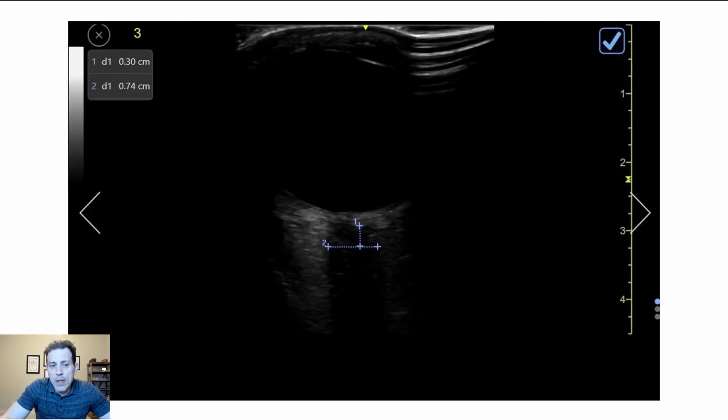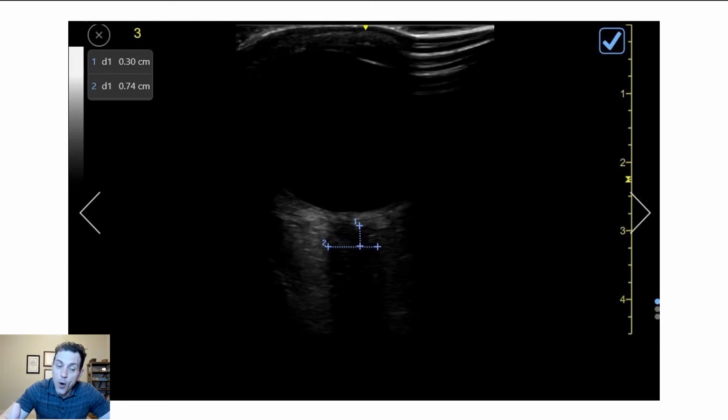This is really an example here. This is from a patient where we took the measurement at the 3 millimeter mark down here, and they had a value of 0.74. This is very high.